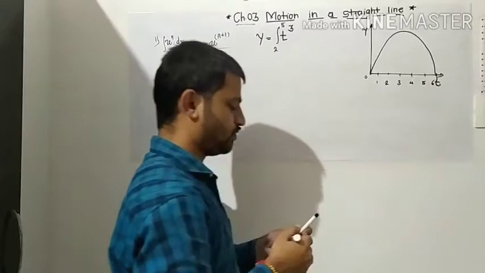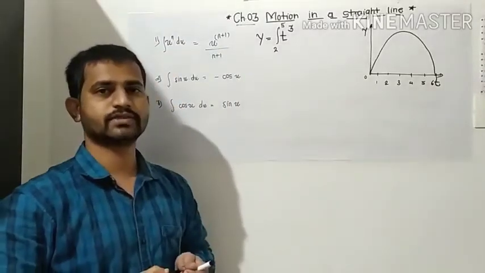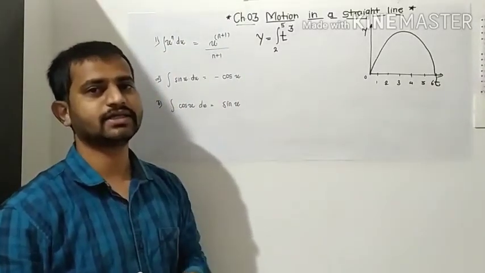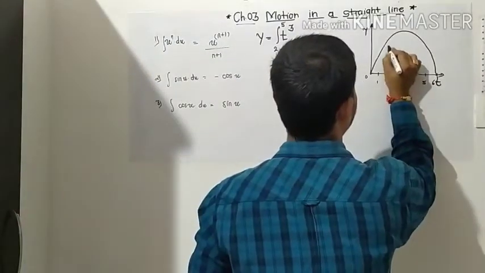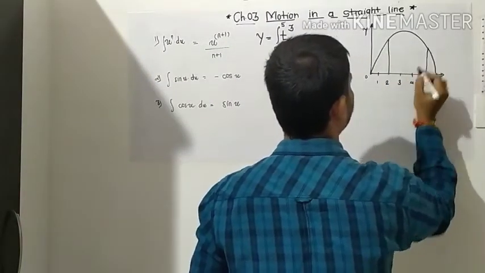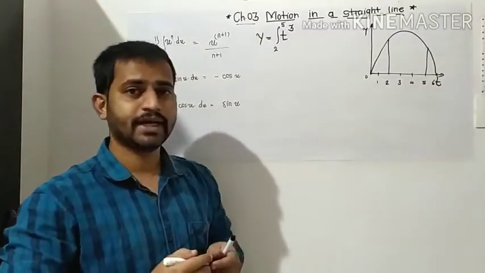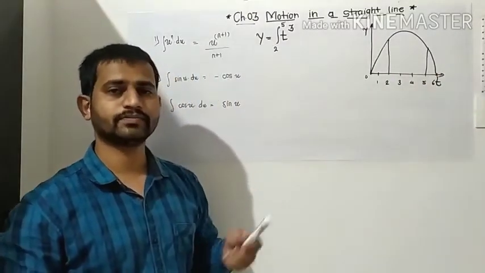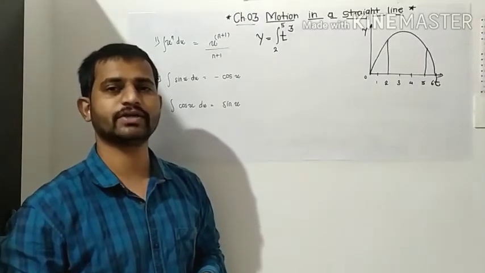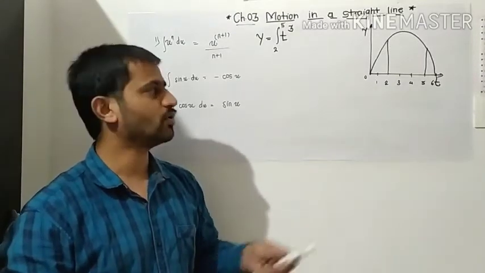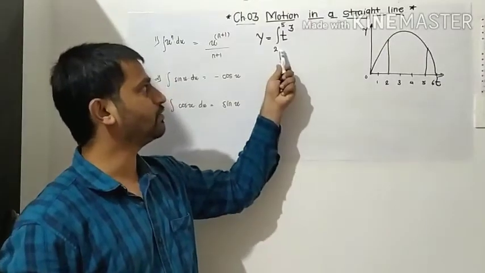As the limits are given from 2 to 5, we have to find the area of that particular equation between the limits 2 to 5.